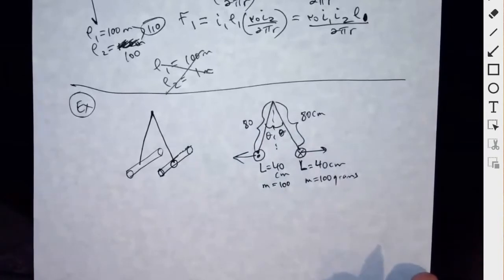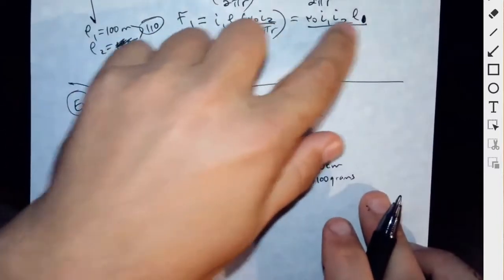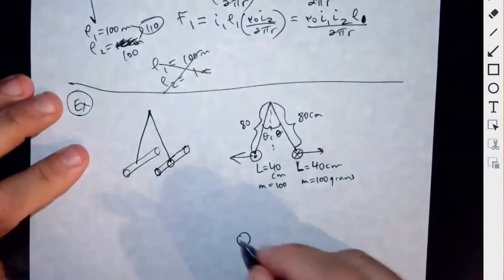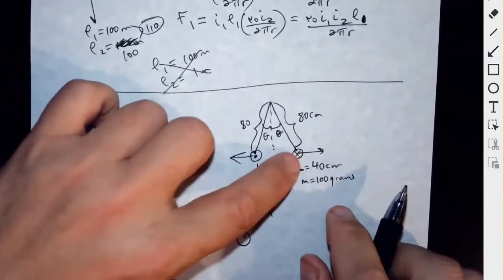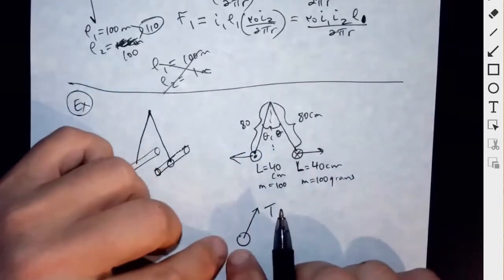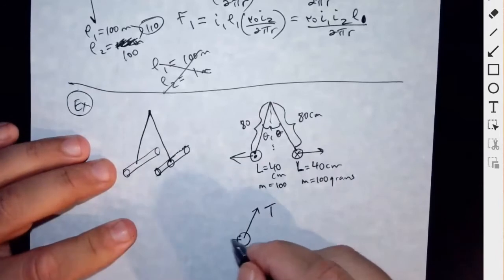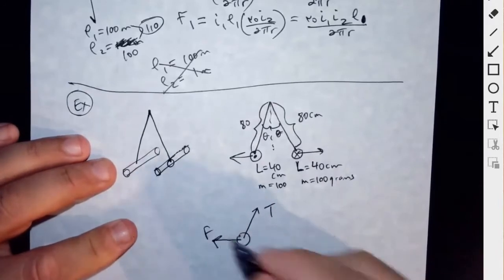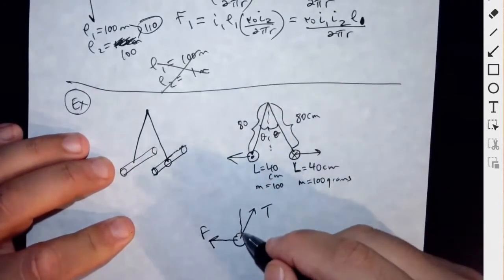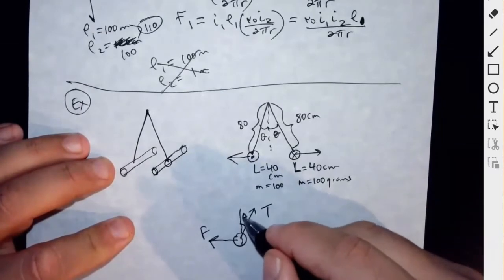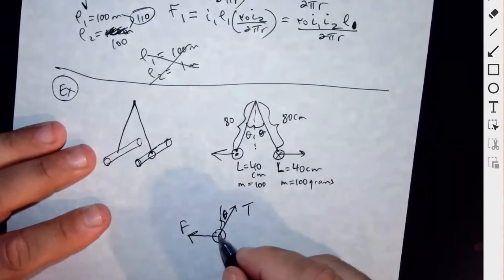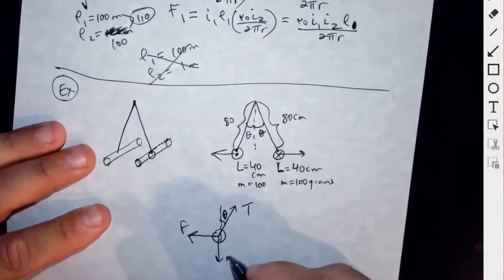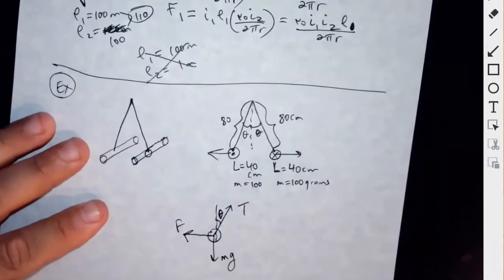Okay. Wow, it's going to be very similar, but of course the equation is different, right? So then you have tension T. Just take one of them and analyze the forces on it. So tension T, F, and then theta is this. And then mg, right?